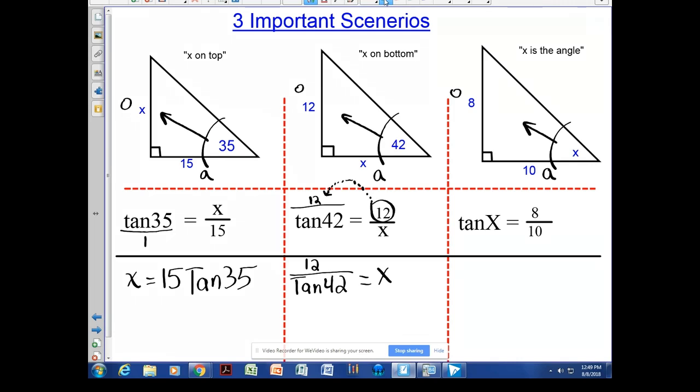Finally, our last example is when we are doing right triangle trigonometry backwards. And some people like to think of backwards as working in reverse. Instead of using an angle and a side to find another side, we're using the two sides to go backwards and find the angle. And in math, sometimes we like to call doing things in reverse the inverse, which is why in this particular case, when we're looking for an angle, we use what's called the inverse function.